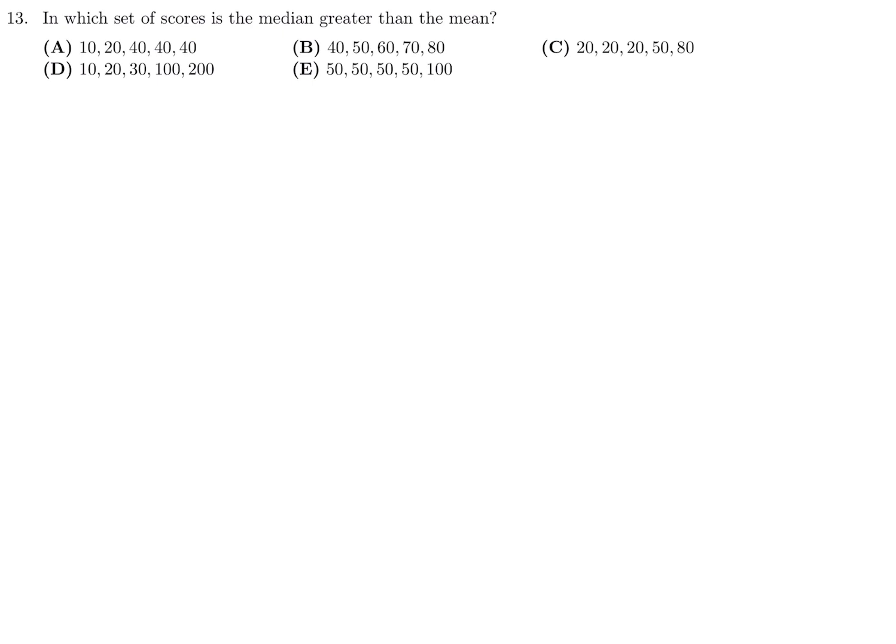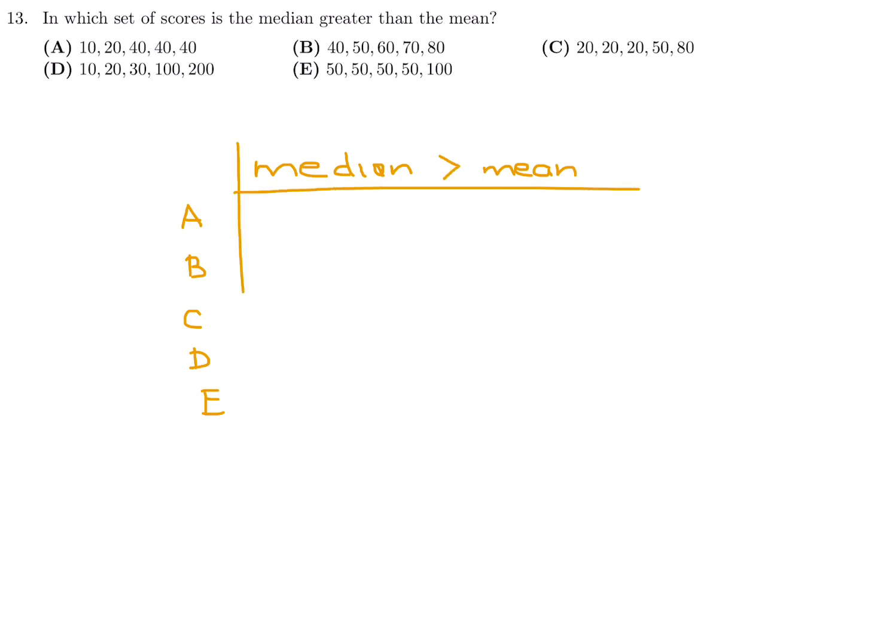In which set of scores is the median greater than the mean? All right, so we have median to calculate, mean to calculate, and we have to do that for all of these, A, B, C, D, and E. And we have to find one where the median is greater than the mean. Okay, let's figure this out.